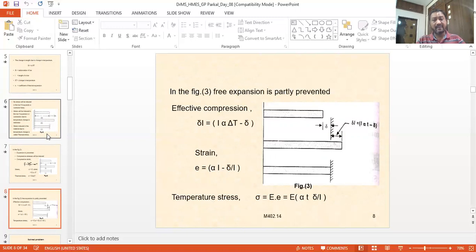So L alpha T minus delta by L. So the strain becomes alpha into T minus delta by L. So the temperature stress in this case is equal to E into alpha into T minus delta by L.